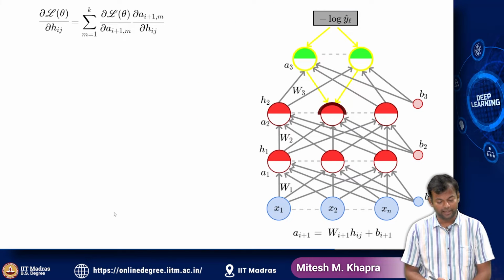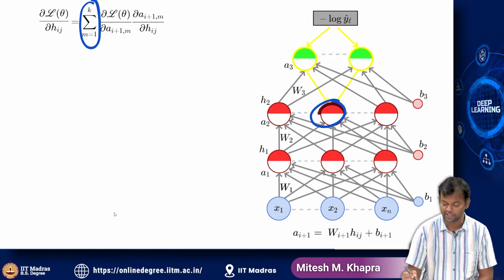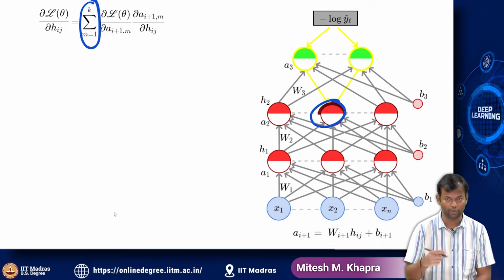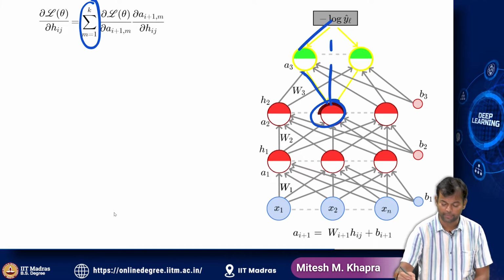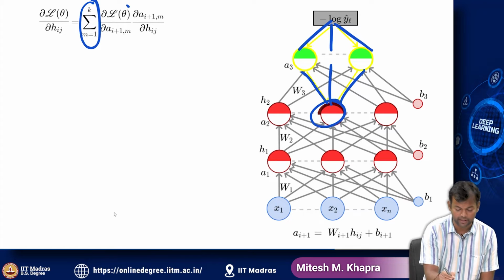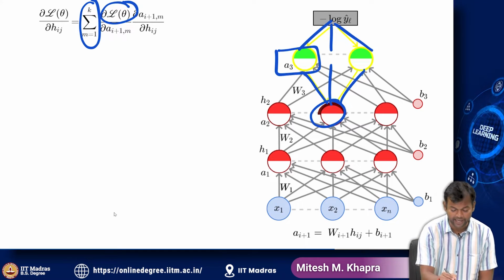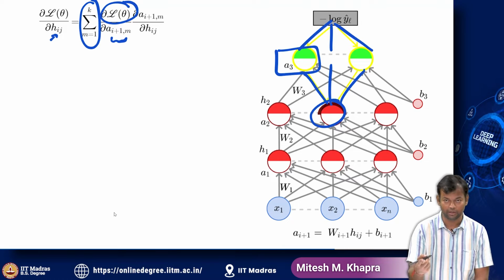Based on the formula that I had, there are k paths which take me from an hij to the loss function. So I'm going to sum over all those k paths, and for each path I'll have this chain rule which I'm going to compute and sum over. And what is the chain rule saying? The derivative of the loss function with respect to a unit in the next layer.